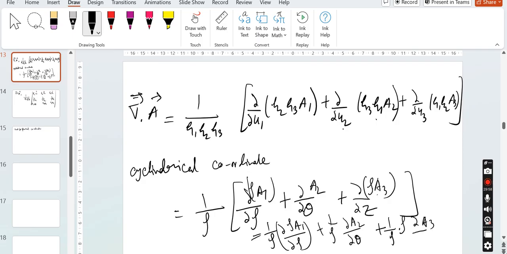So this rho and this rho will cancel out.